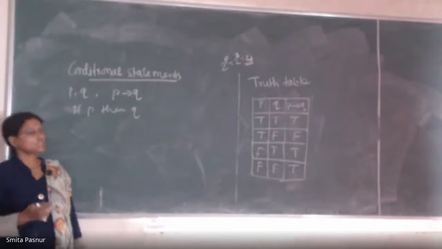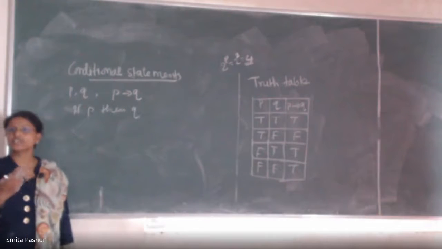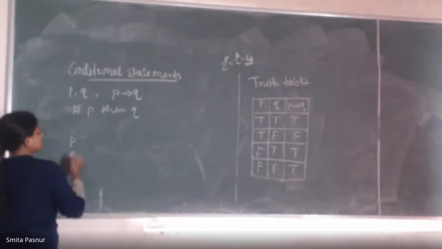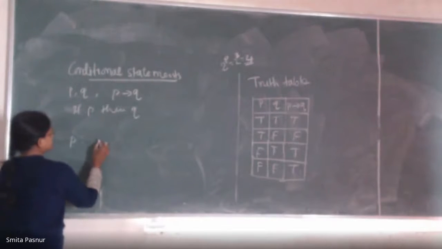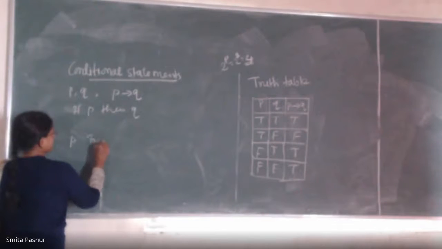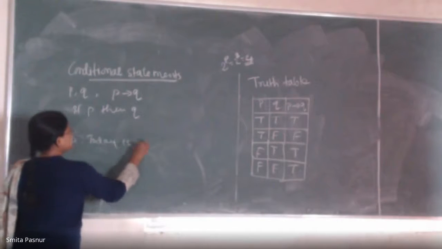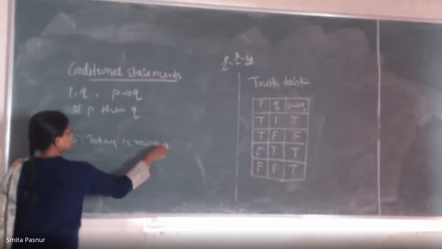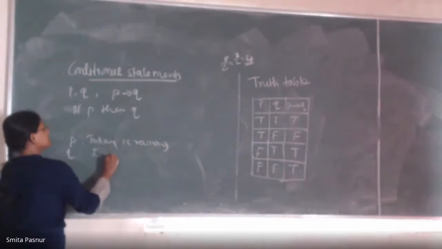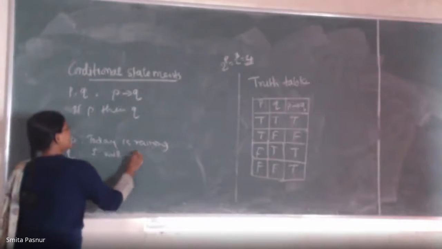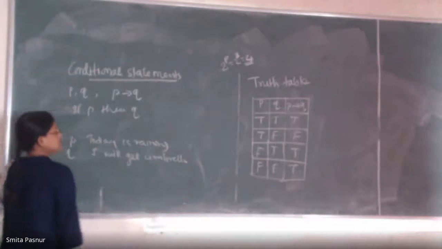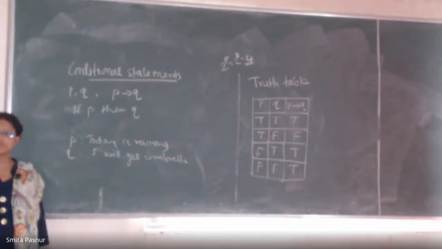What can be the statements like P conditional Q? Suppose P is, say, today is rainy, and Q will be I will get an umbrella. So how can I join these two statements?